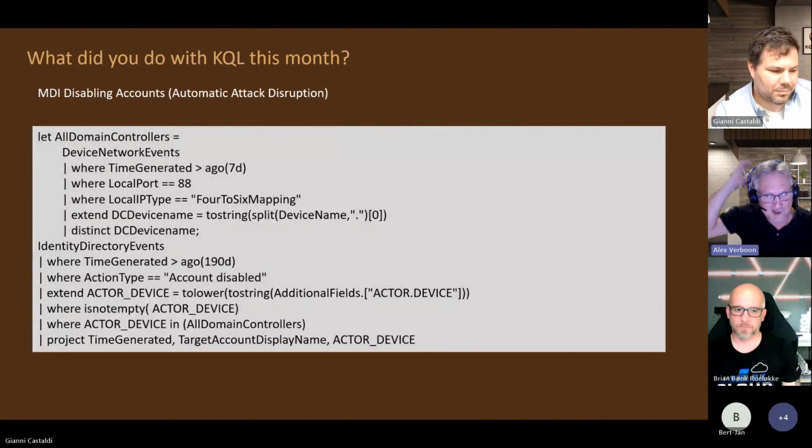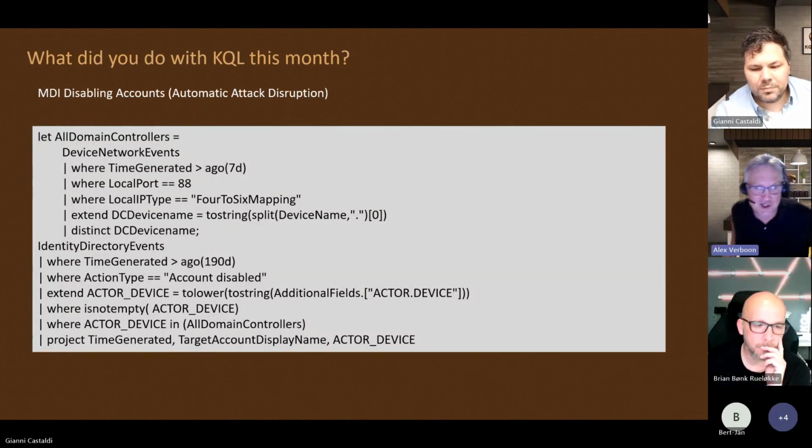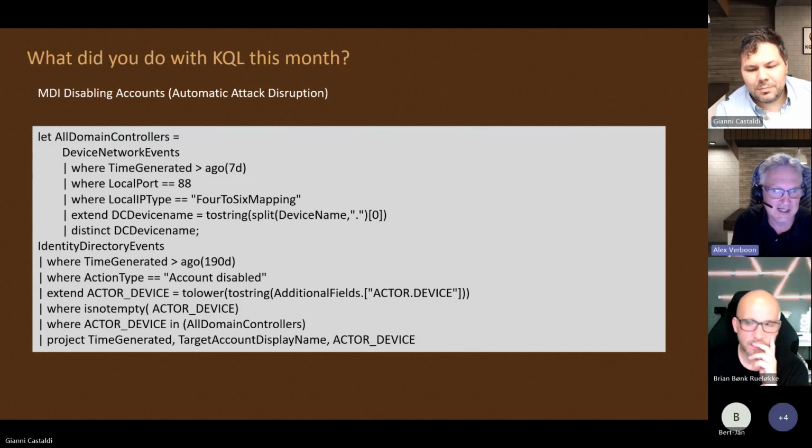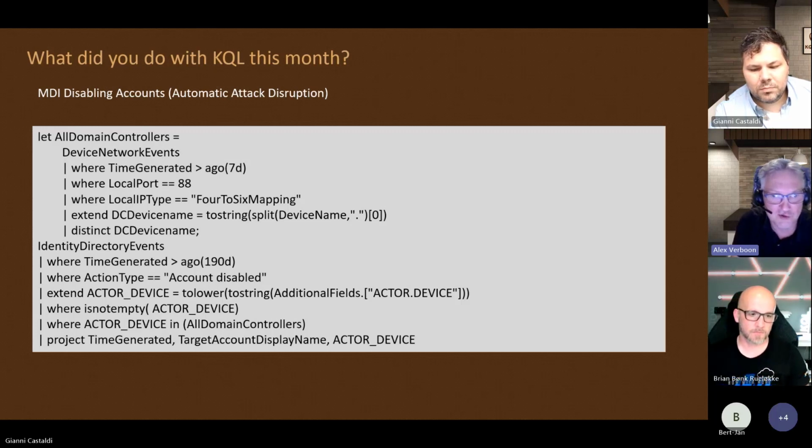I still have to validate it, but I ran this in a couple of tenants where I know that there was an automatic action triggered by attack disruption. Important here: if I have my Defender for Identity configured to use the system account and not another account, the actor will always be the name of the domain controller.